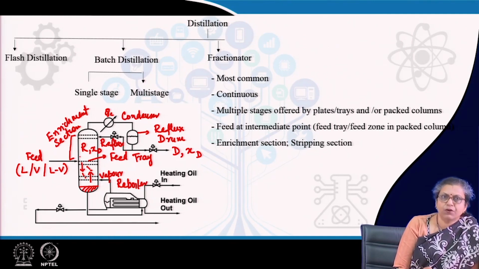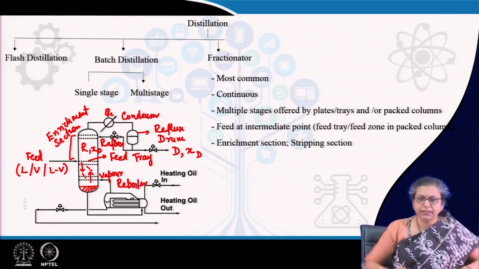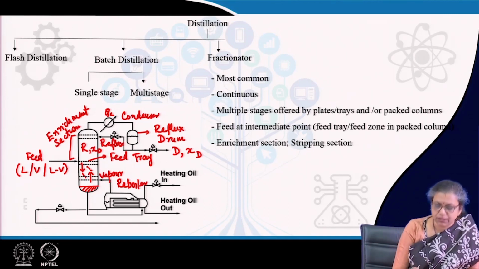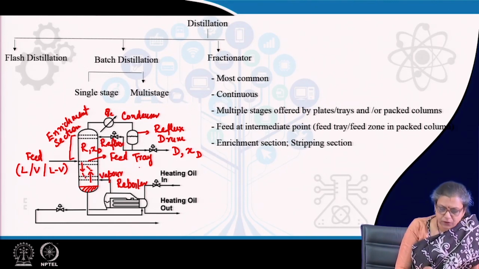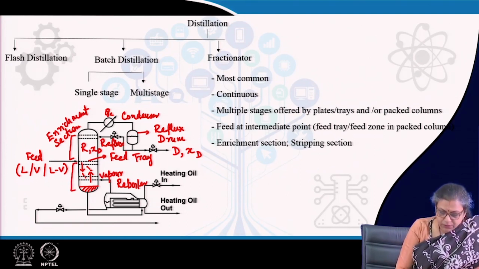After we have found the number of ideal trays, we consider a fractional overall efficiency, and then compute the actual number of trays required to effect this separation. So, the section where the vapor is stripped of its less volatile components is known as the stripping section.